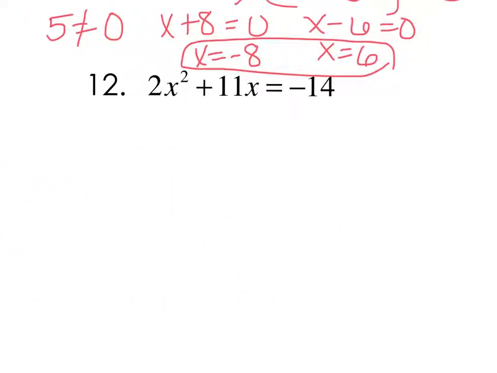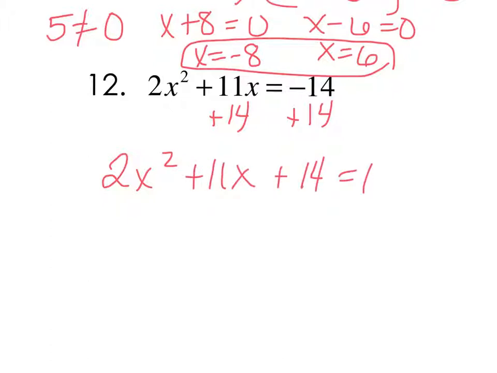For number 12, the only problem with this one is it's not equal to 0, so I'm going to add 14 to both sides. 2x squared plus 11x plus 14 equals 0. Now I can go ahead and factor, and since there's no greatest common factor, I'm going to set up my two groups.